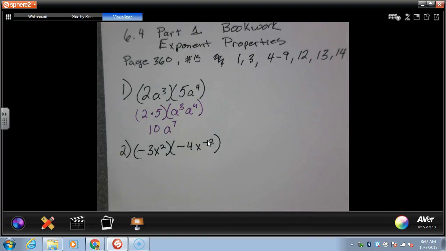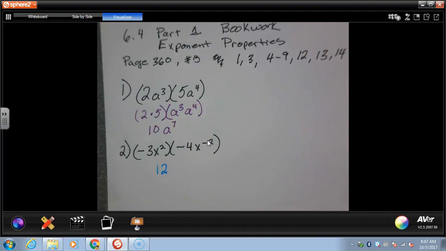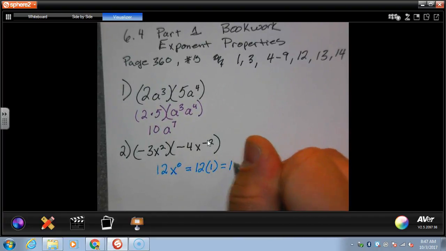Otherwise, you can just pretty much do it in your head. Negative 3 times negative 4 is a positive 12. And when I add my exponents, 2 plus negative 2, what do I get? That's right, x to the 0, which means it's 1. Anything raised to the 0 power is 1. 12 times 1 is 12.